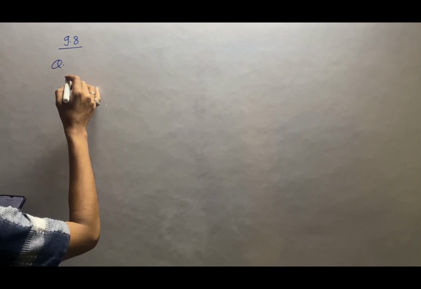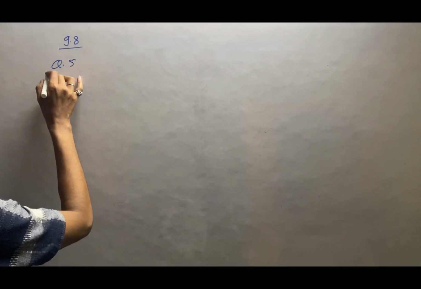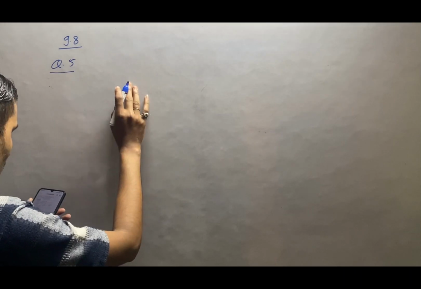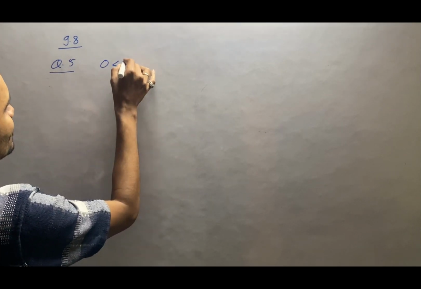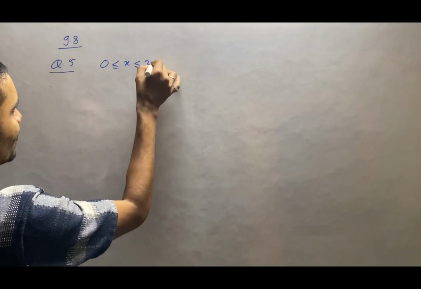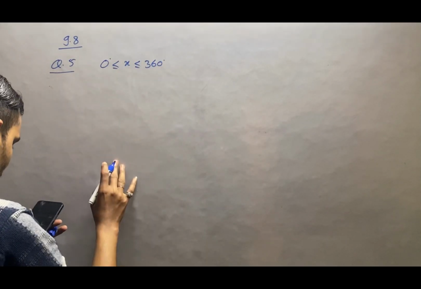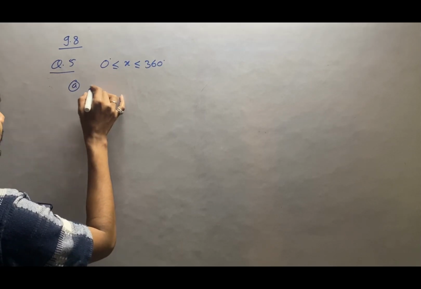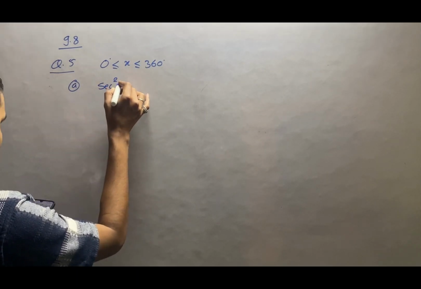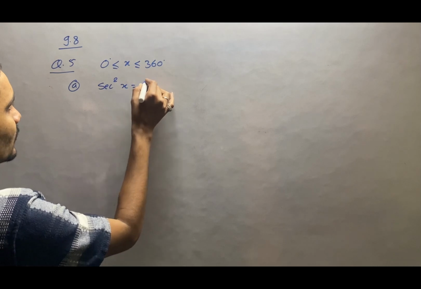question number 5. Here we have: solve each of these equations for 0 less than x less than 360 degrees. And first we have to solve sec square of x equals 4.